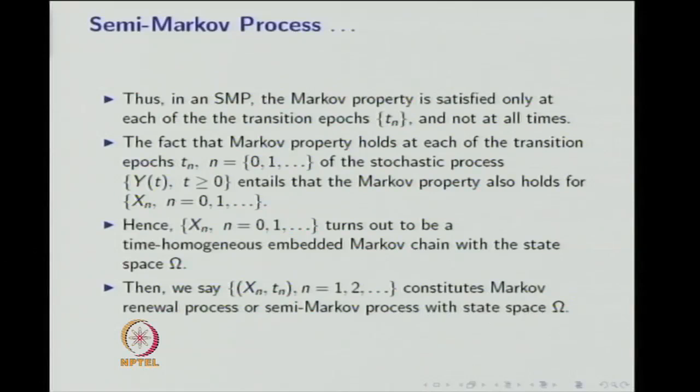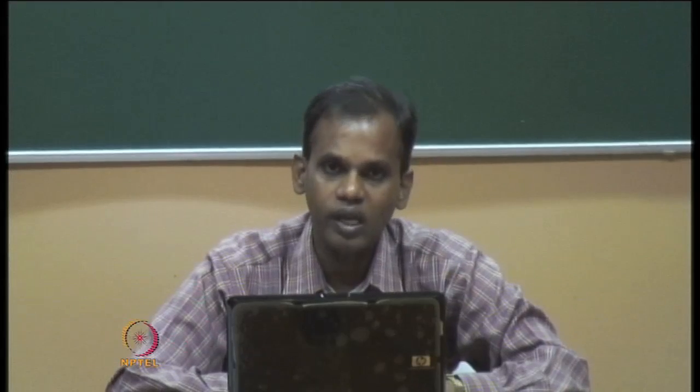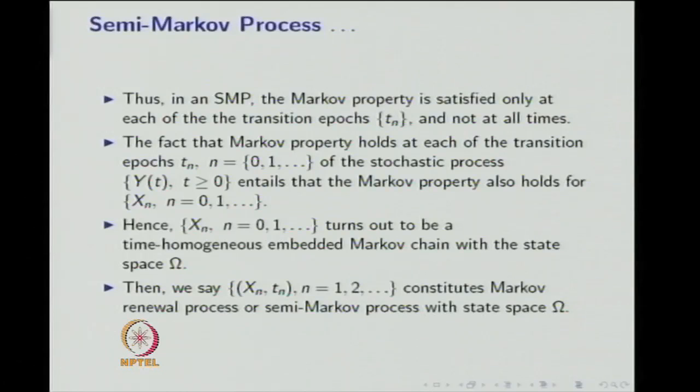Since Xn is nothing but Y of Tn, the Markov property is satisfied for the stochastic process Xn, though not for Y of t for all times. Hence, Xn turns out to be the time homogeneous embedded Markov chain with the state space omega.